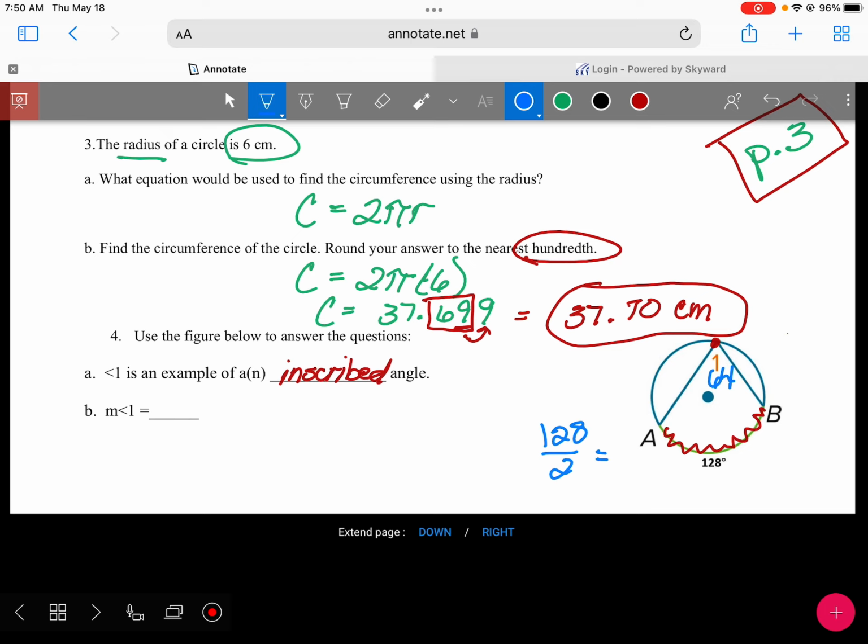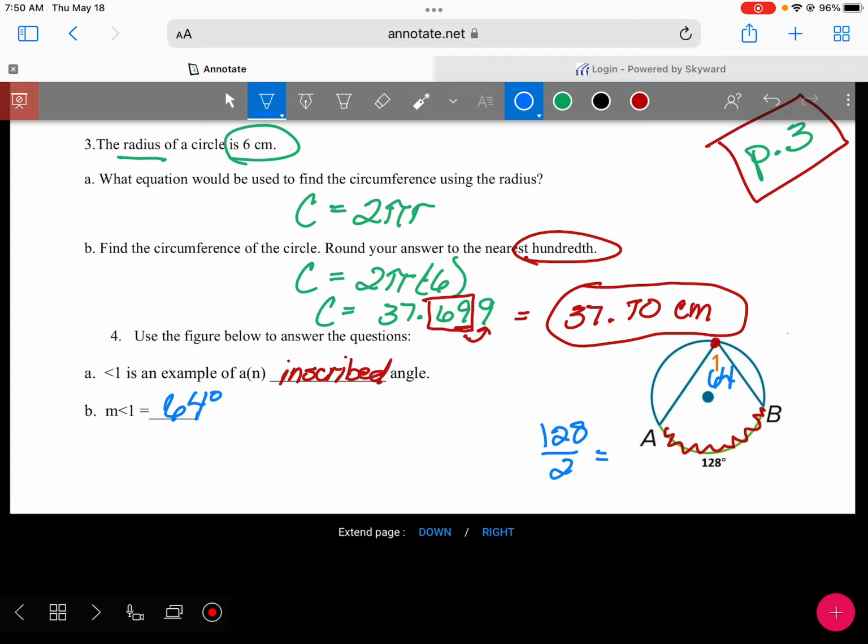And when you think about it, look at that angle. It is much smaller than the arc that it is intercepting, right? So the measure of angle 1 is 64 degrees.